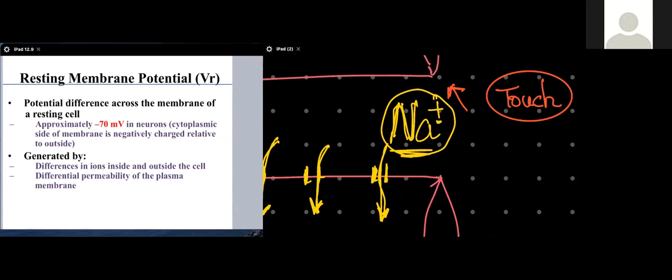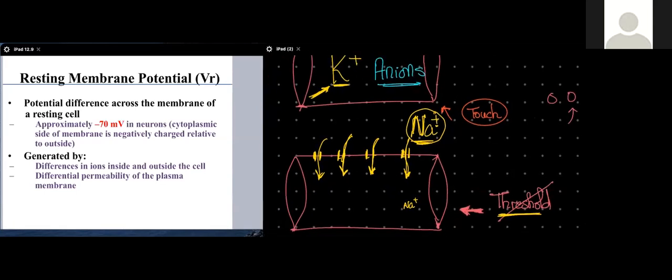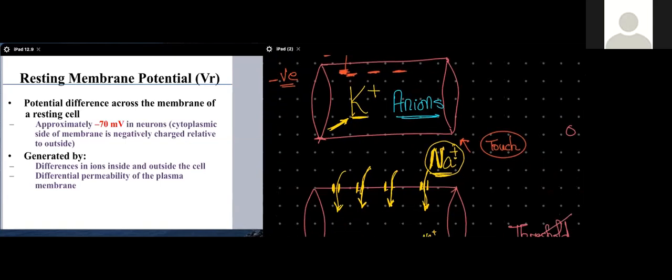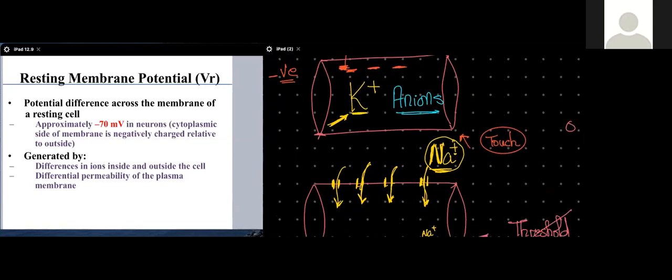It's a cation. So what is it going to do to the inside of the cell membrane? In resting state, remember, it was more negatively charged. So now when I allow the sodium in, the inside of the cell membrane will become more positively charged.